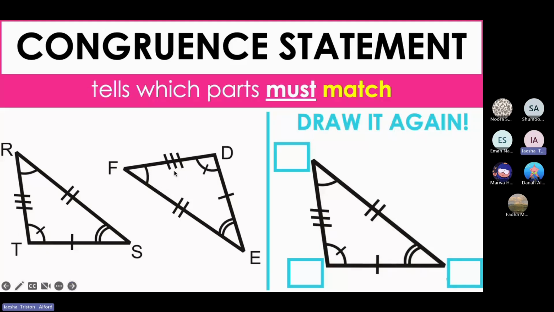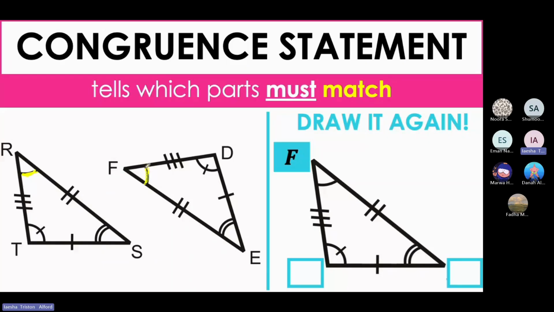So if I want to turn DEF around to match it with RST, what angle is matching with R? So what's matching with R in the second triangle? F. It's going to be F. How did you know? Because it has one line.